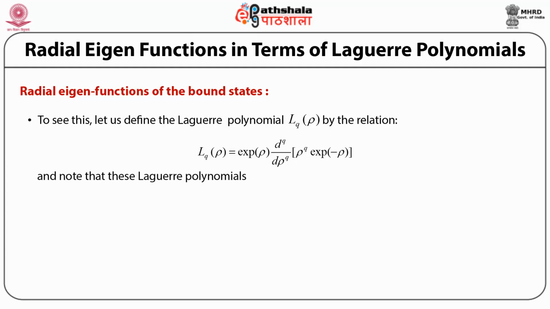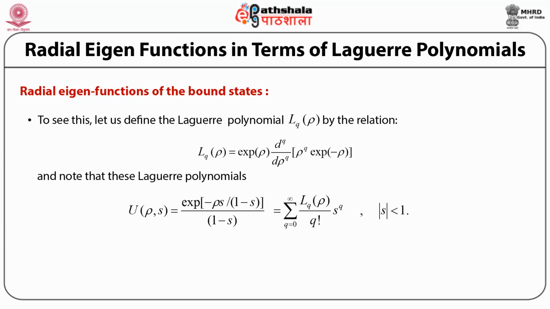And note that these Laguerre polynomials are generated by u(rho, s) equal to e^(minus rho s/(1 minus s)) divided by (1 minus s), equal to the summation over q equal to 0 to infinity of L_q(rho) divided by q factorial multiplied by s^q, where the modulus of s is less than 1.